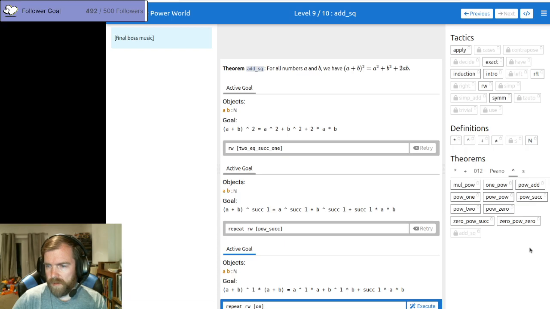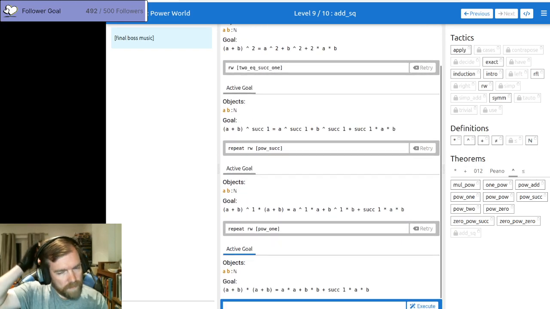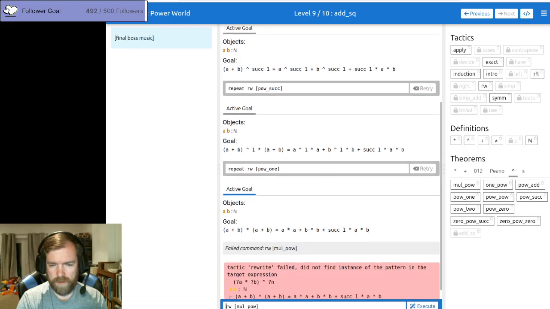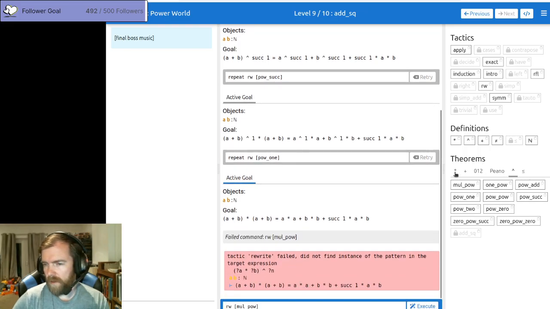Was it pow_one? Yeah, pow_one. Okay, so now we're going to rewrite mul_pow. That was not what I wanted. Add mul.